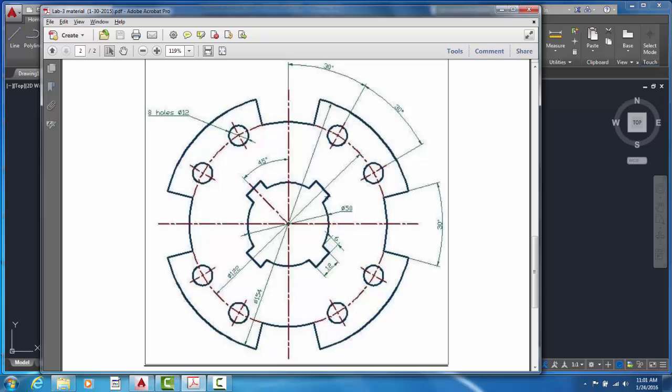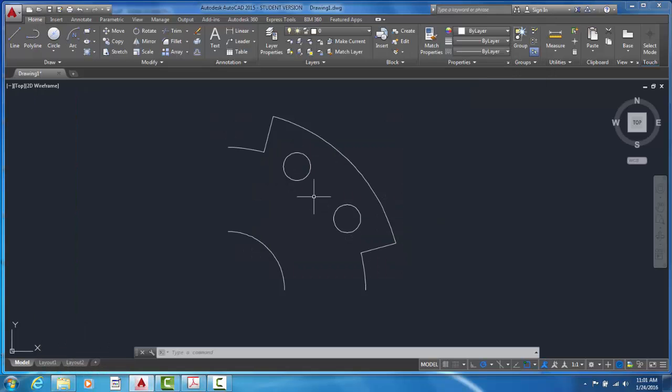I know that both of these lines are oriented at 45 degrees to horizontal. So I'm going to move to my polar tracking, make sure I'm tracking at 45-degree angles. Draw a line from the center at 45 degrees. The length really doesn't matter, just needs to be long enough.